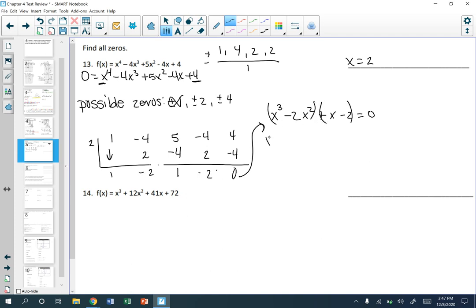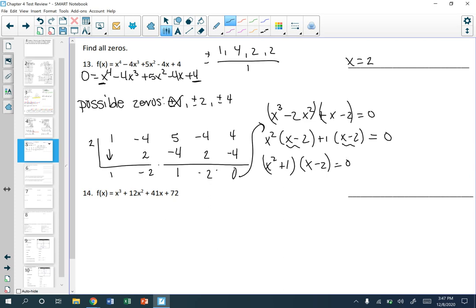In this first one, I can take out an x squared, and I'm left with x minus 2. In the second one, the only thing in common is a 1, and I get an x minus 2 if I take out a 1. These two match, and that's exactly what I need. So I have x squared plus 1 and x minus 2.